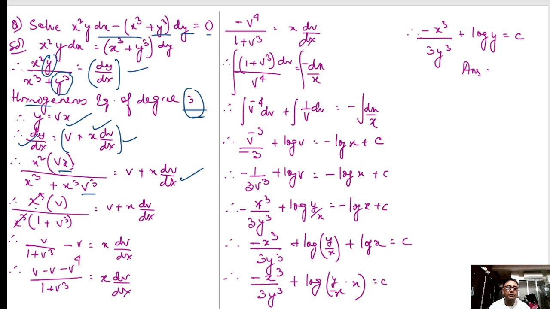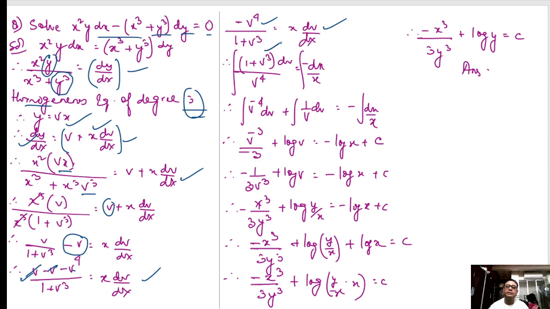Now taking x cube common, they cut, and take the plus v on this side, do the LCM, it comes to this. So now it is easy for us to separate the v parts. This v actually gets cut, plus v and minus v. So it comes to be this.